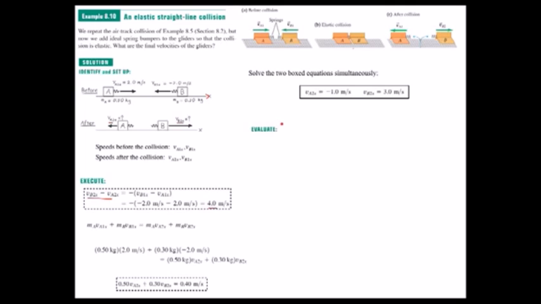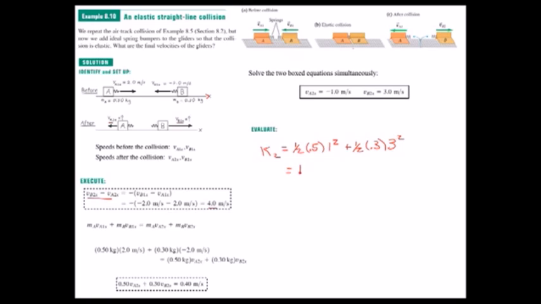One thing I'd like to verify is that the kinetic energy of the system remained unchanged. And it's easy to calculate the kinetic energy now. I'll call K2 after collision. It's going to be equal to 1/2 times 0.5, the mass of A, times the velocity of A squared, which is minus 1 squared, plus 1/2 times 0.3 for B times its velocity squared, which is 3 squared.